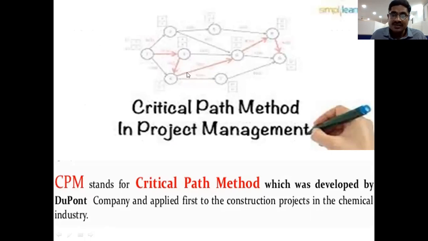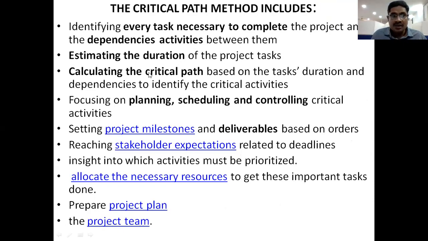Between these six ways, find out the critical path. Suppose take this path, maybe the critical path. Find out this critical path based upon the tasks' duration and timing, and then find out the dependency activities also.